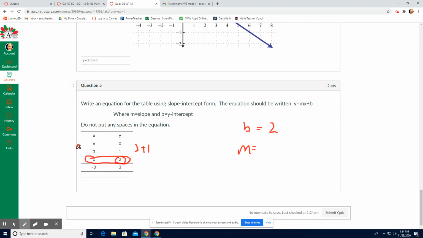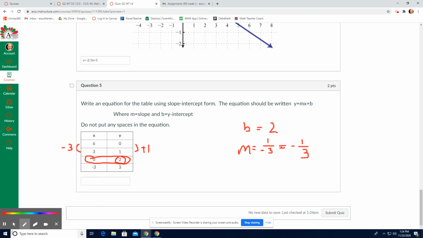From here to here, it's going minus 3. And so our slope would be 1 over negative 3. When we rewrite this, 1 over negative 3 turns into the whole thing being negative, so negative 1 over 3.